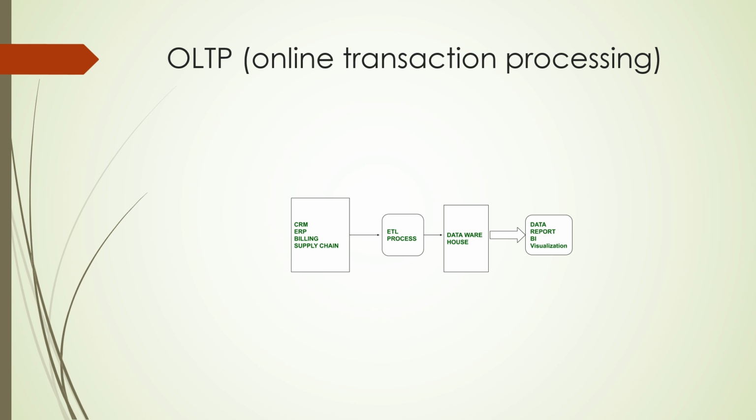So here there are two important characteristics of this online transaction processing. One is concurrency and atomicity. Atomicity guarantees that a transaction either completes in one step or fails, so the process will not continue here.